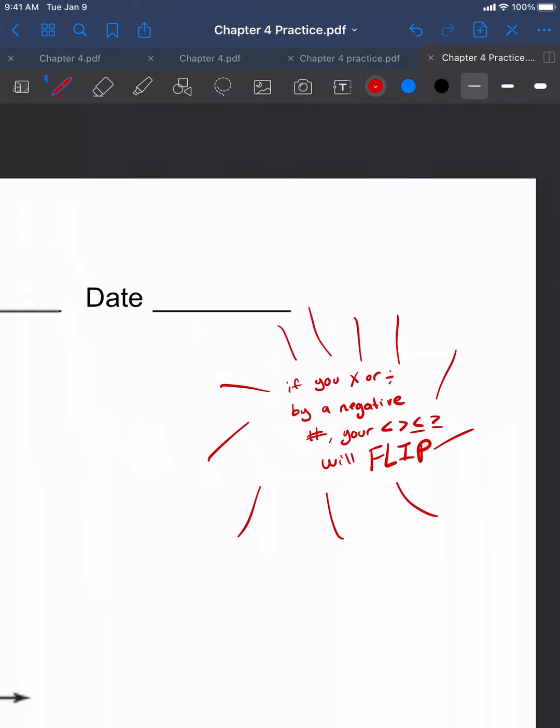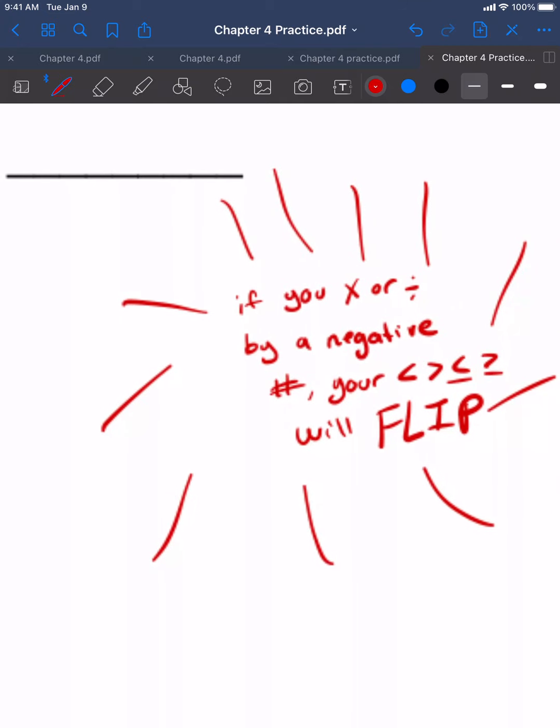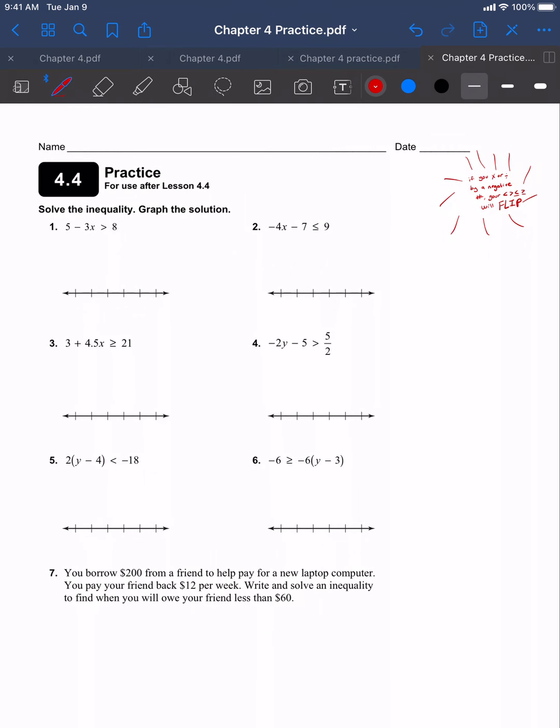I'm going to keep that on your homework, just in case. Actually, I think I already posted it. But that's okay. It's nice to have that right there. So if you multiply or divide by a negative number, your inequality flips. You need to remember that for 1 through 6, okay? So not only are you solving to get your variable all by itself, remember that little spicy rule, okay? It is spicy.